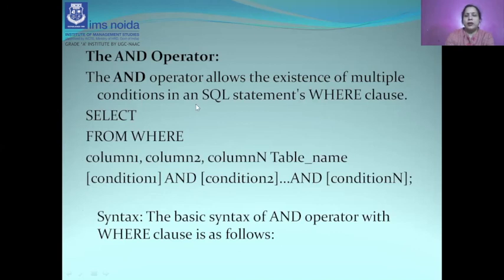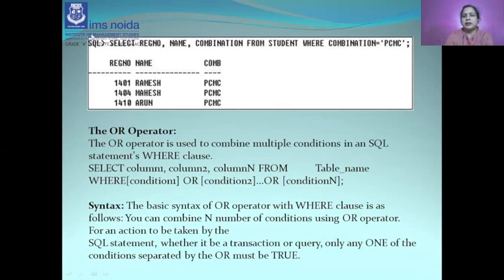The AND operator allows the existence of multiple conditions in an SQL statement's WHERE clause. How? SELECT column1, column2, column n FROM table name WHERE condition, where we want to apply the AND operator. How we will apply? Like this: SELECT registration number, name, combination FROM student.